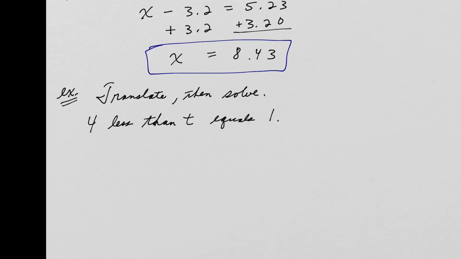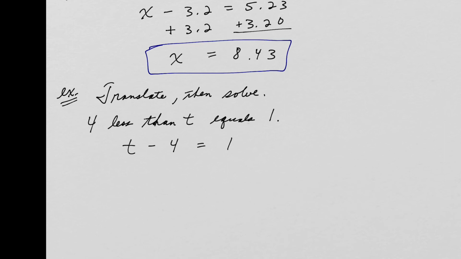Okay, so I'm going to translate that into an equation and then solve the equation. So 4 less than t, remember the way you interpret that, it's going to be the variable t minus 4, right? 4 less than t means t minus 4 equals, and then 1.